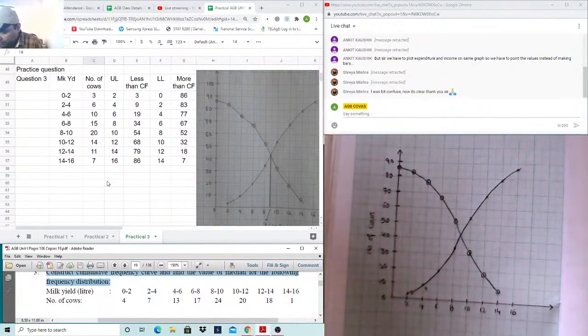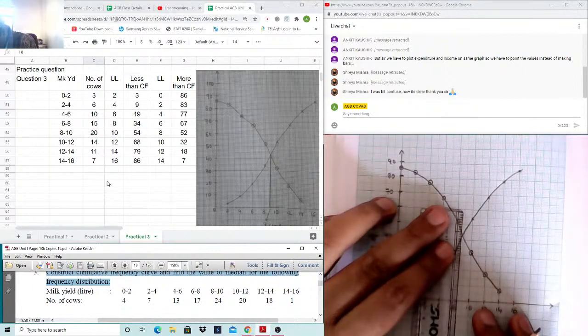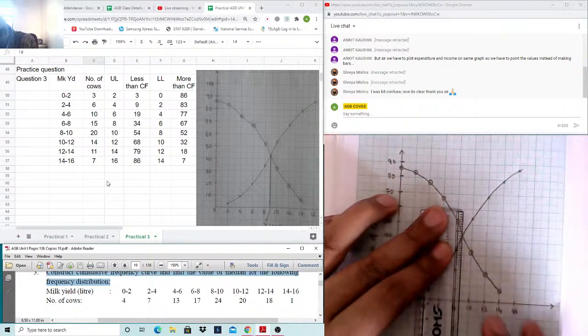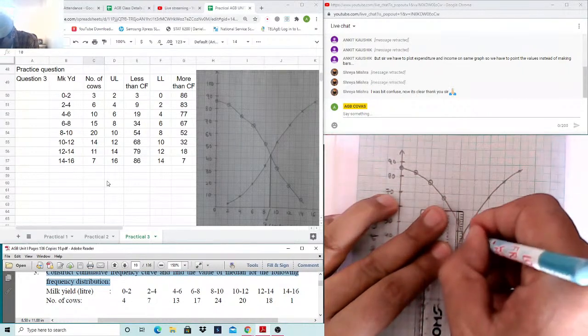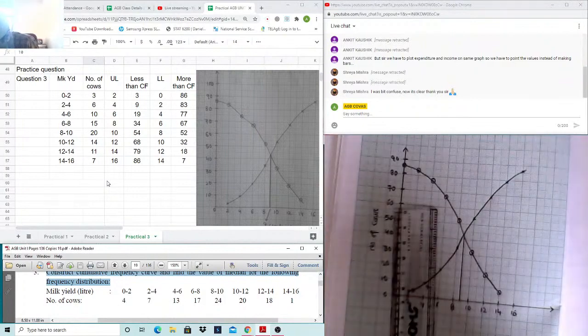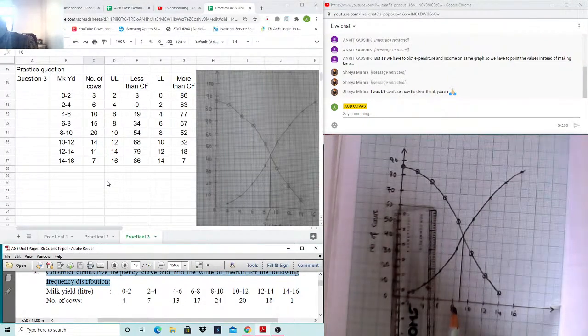And where these two curves intersect is the point of your median. So between 8 to 10, each division is 0.2.